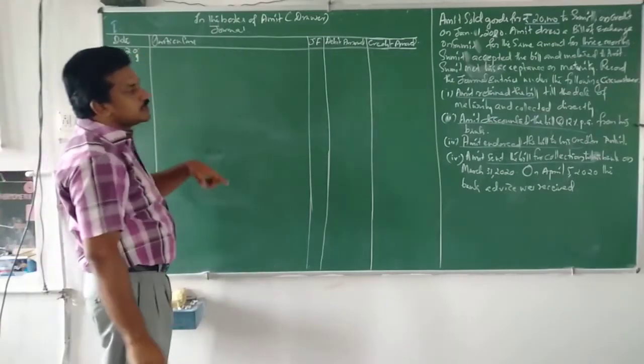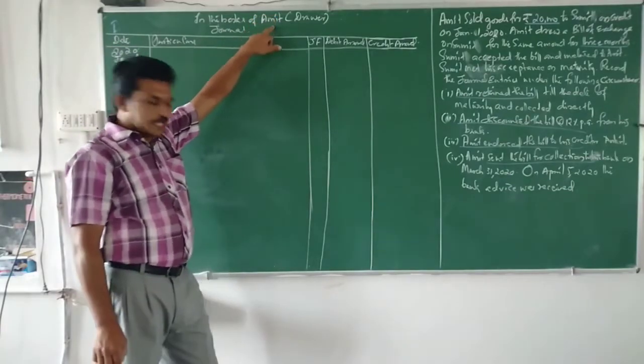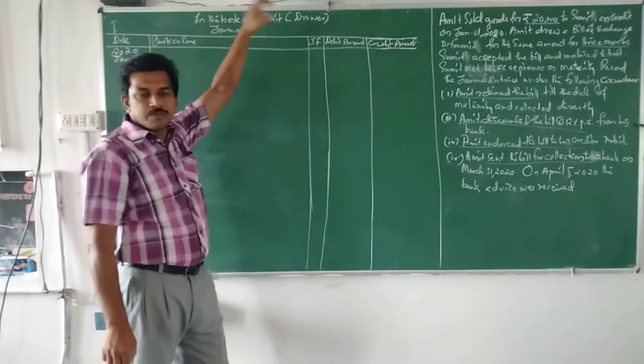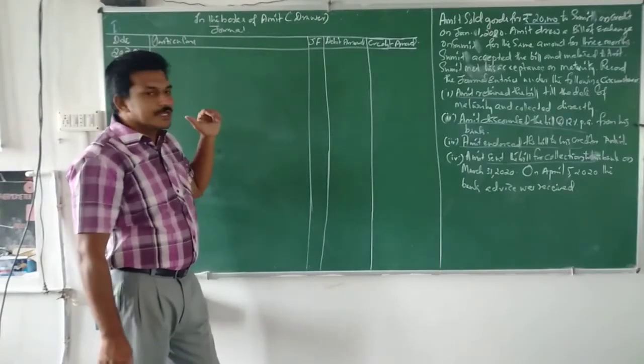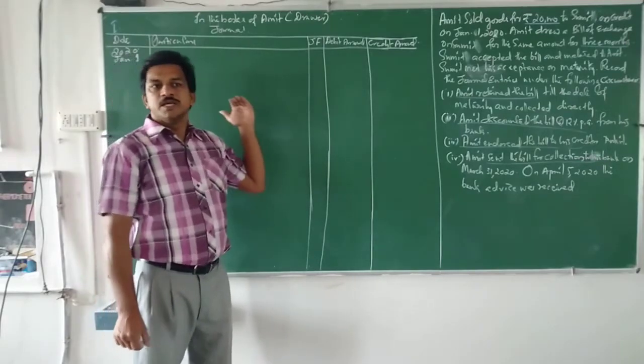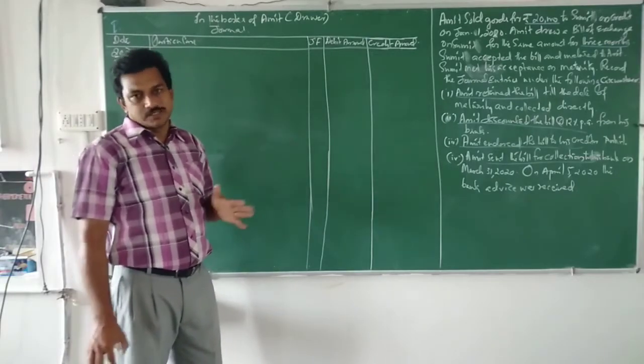What will be the journal entry? We are writing journal entries in the books of the drawer, Amit. Yes, we will write the journal entry: Sumit debtor to sales. Debtors debtor to sales.